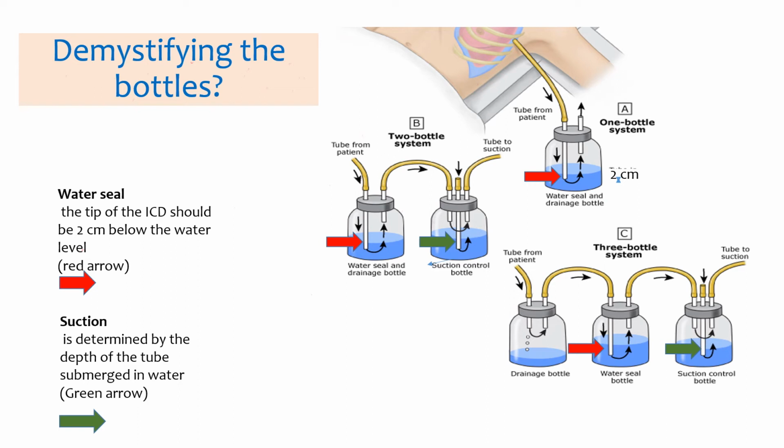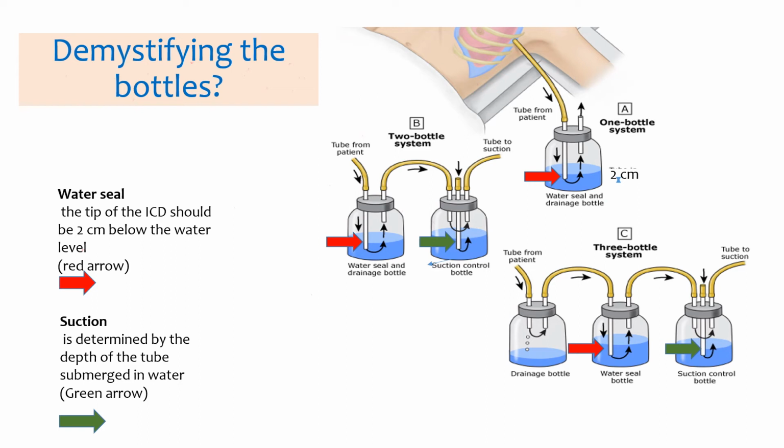And the depth of the water seal, that is 2 centimeters, is to prevent the air from going back into the lungs, just in case the patient draws a very deep breath, that is a very large negative inspiratory pressure.